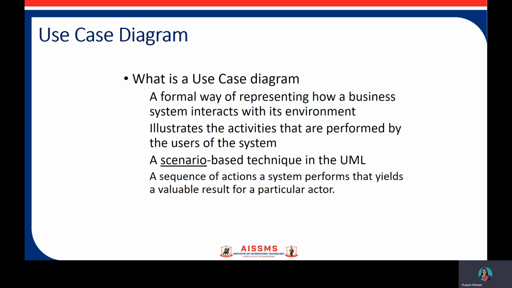So this scenario in UML describes the use case diagram, and it is nothing but the sequence of actions a system performs that yields a valuable result for the particular actor.